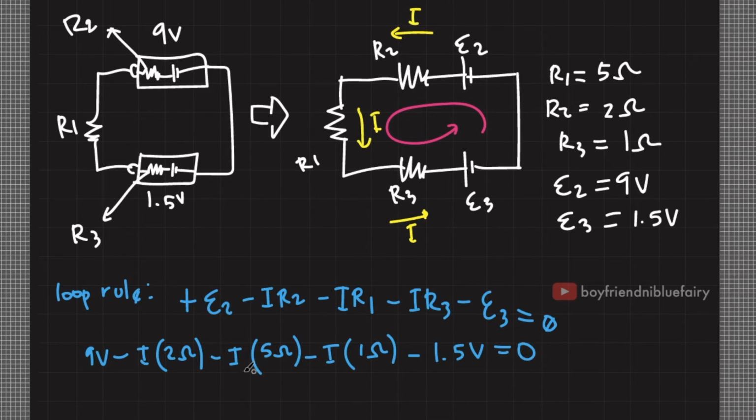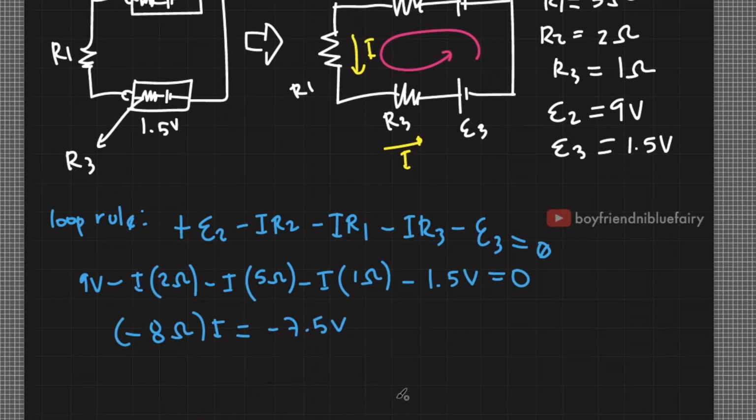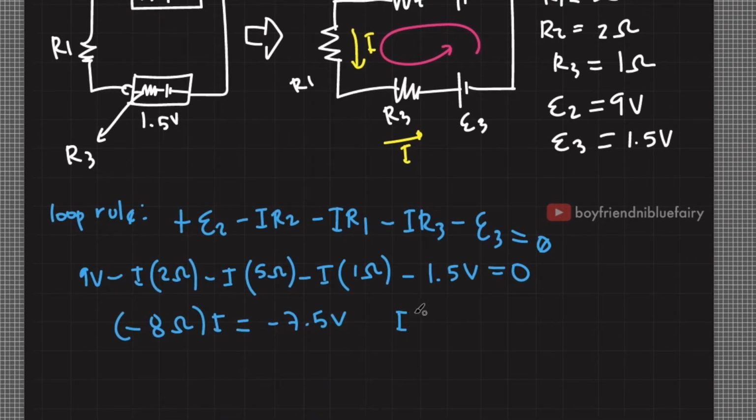So I'll have negative 8 ohms I equals negative 7.5 volts, and I'll end up with I equals 0.94 amperes.